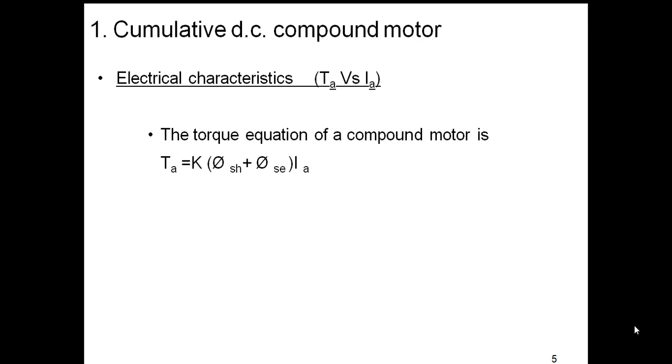We already know that in a DC compound motor, there will be two fluxes produced by two field windings.